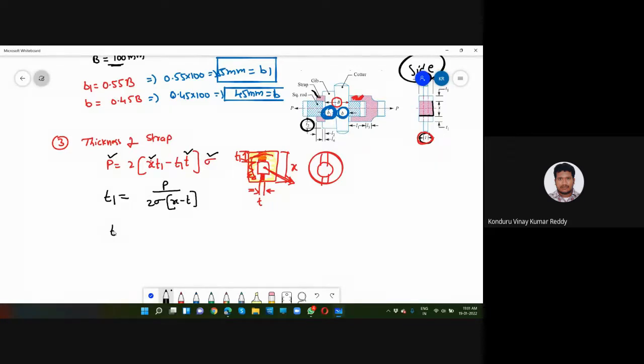Just substitute the values: P is 35 into 10 to the power of 3 by 2 into sigma, and sigma is given in the question as 20 megapascal, into x, which we have already found, that is 42, minus t, which we have also already found, that is 12. Just calculate this and you will get the T1 value, that is 30 millimeters. T1 value is 30 millimeters.